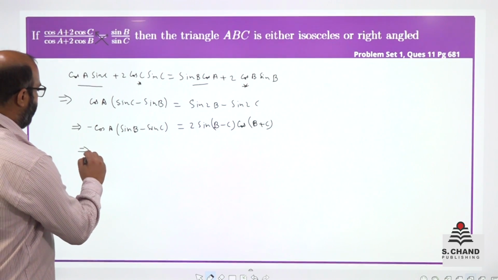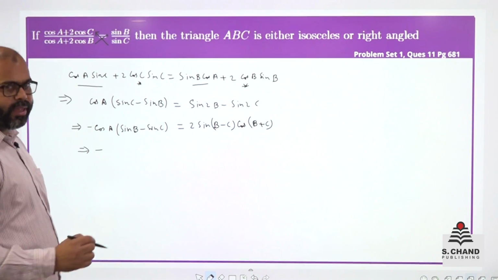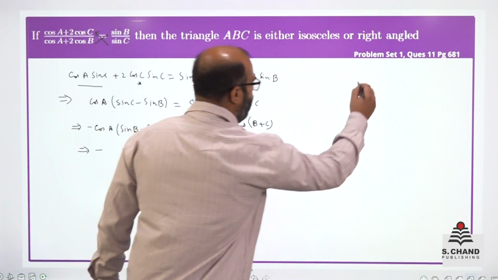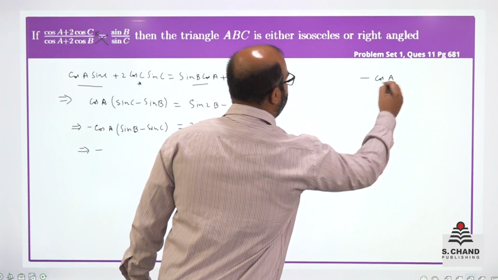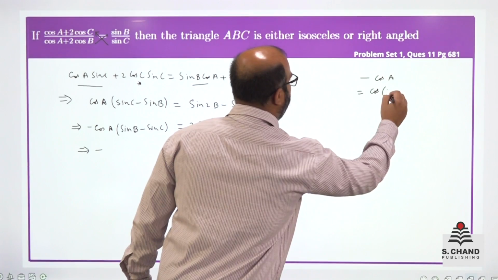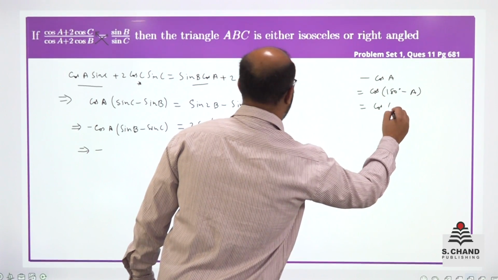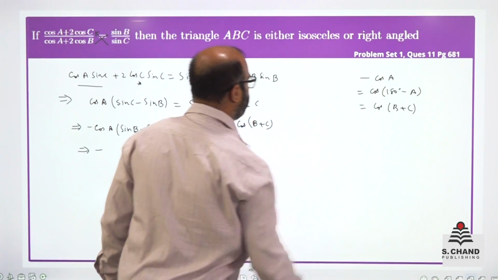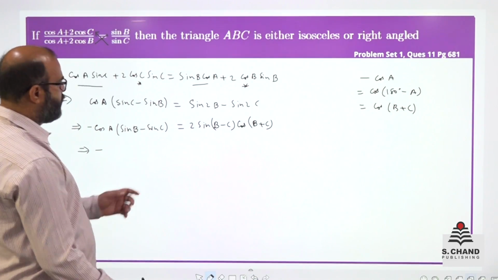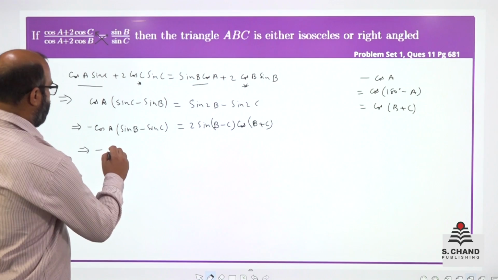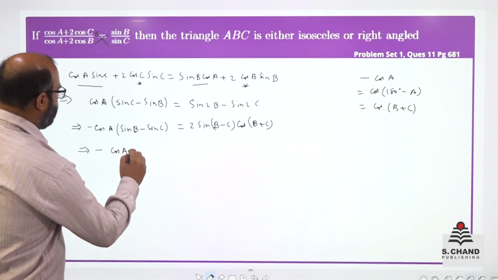Now cos A, what is minus cos A? So minus cos A is actually equal to cos of 180 degree minus A, which is actually cos of B plus C. So cos of B plus C can be written as minus cos A. So here we are keeping minus cos A as it is.